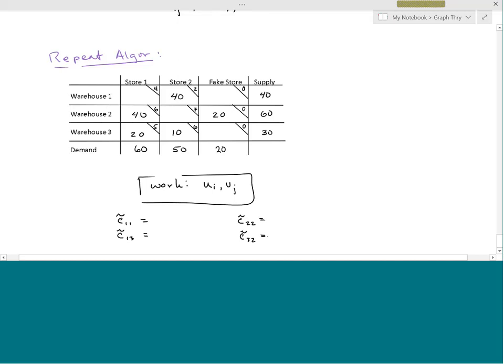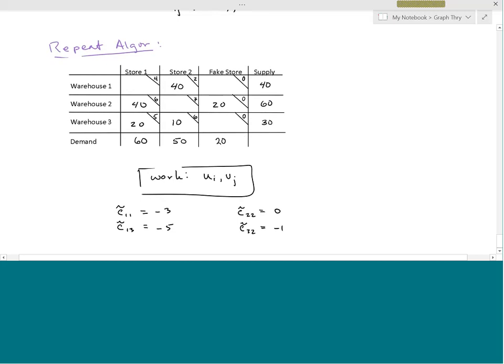Now you'd have to actually solve for your U's and V's to get those values, but those values turn out to be -3, -5, 0, and -1.